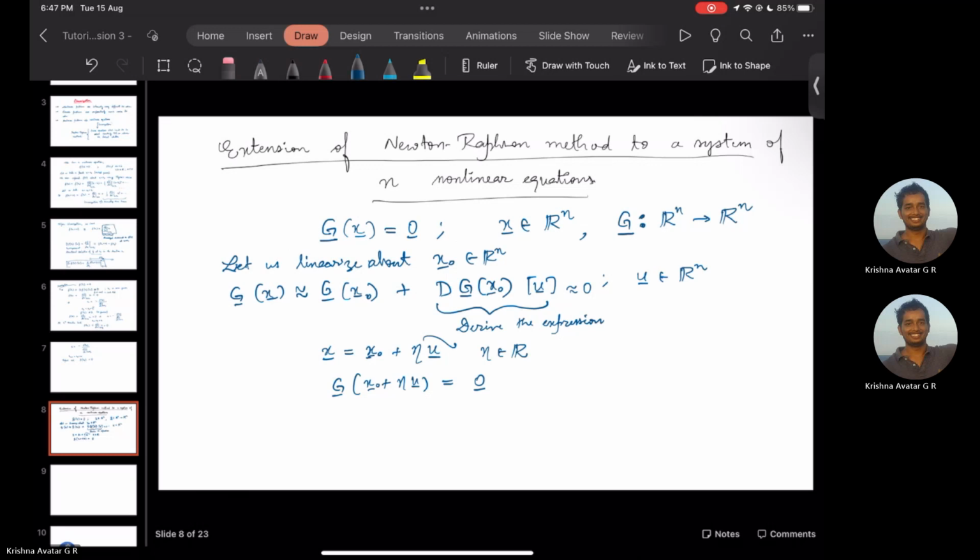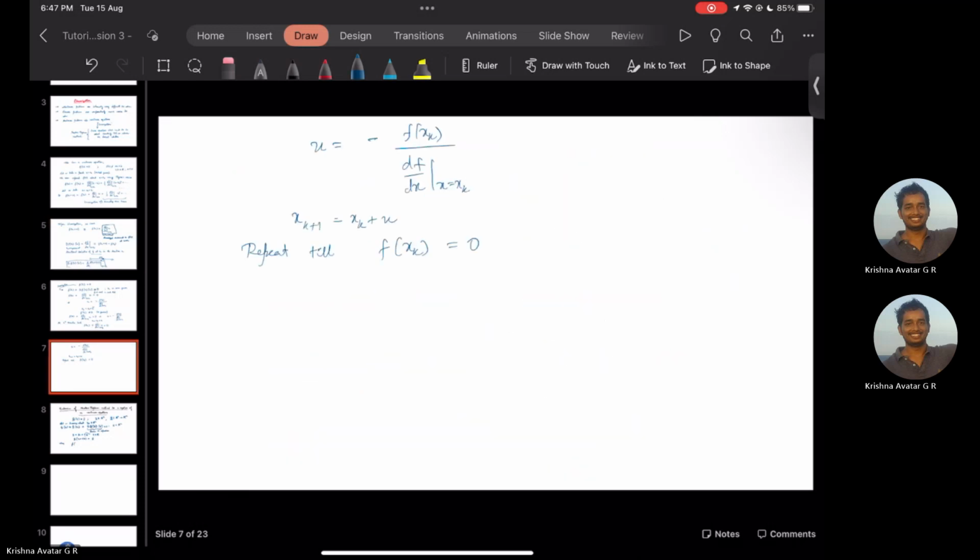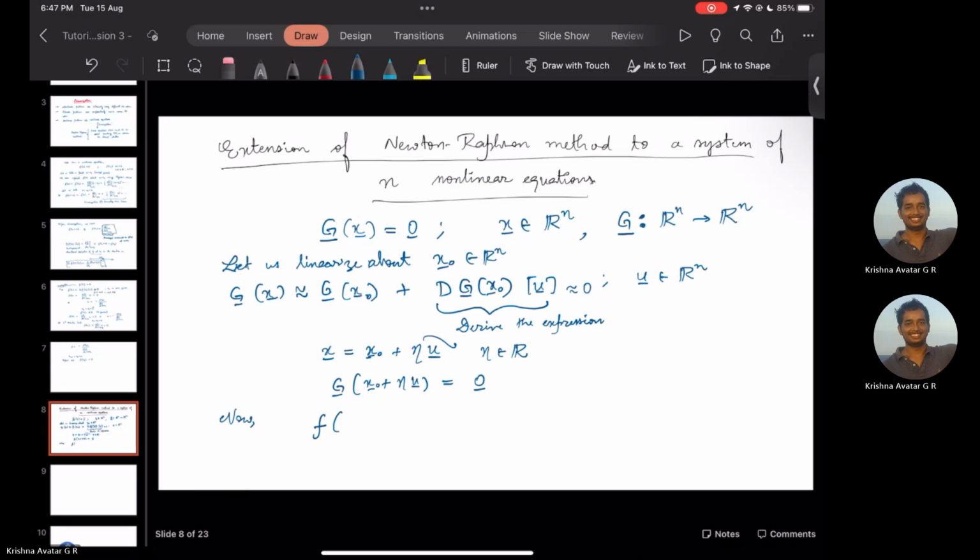Now, let's define a function. Let's define something called f vector.